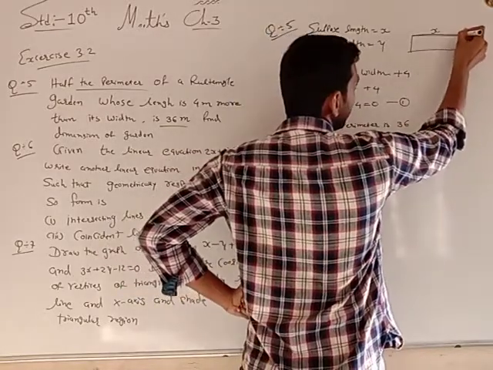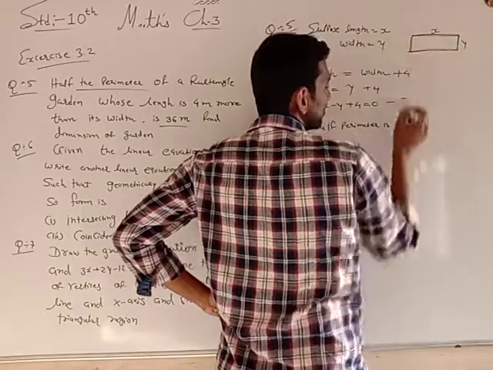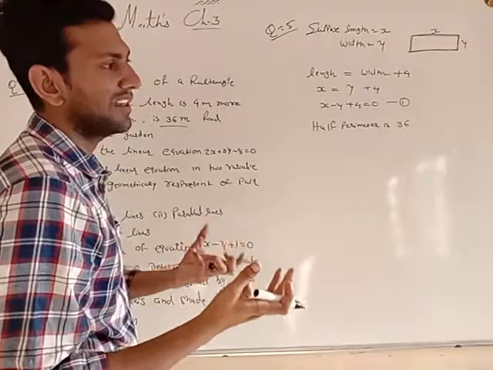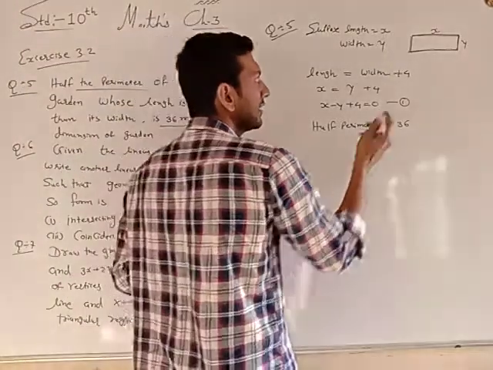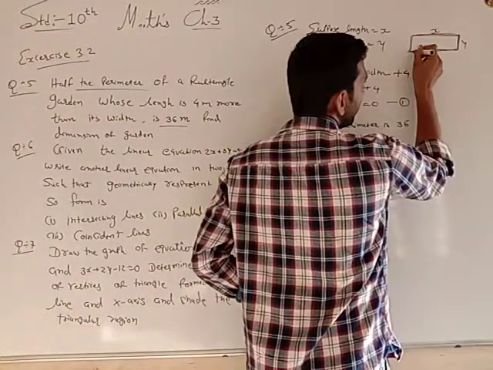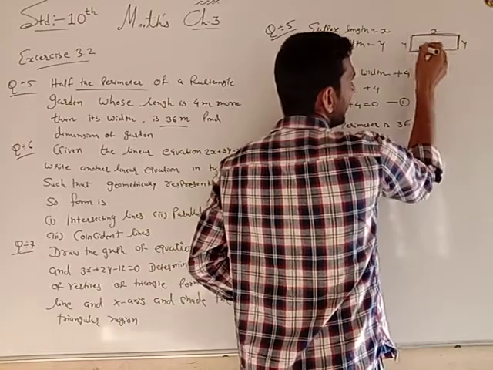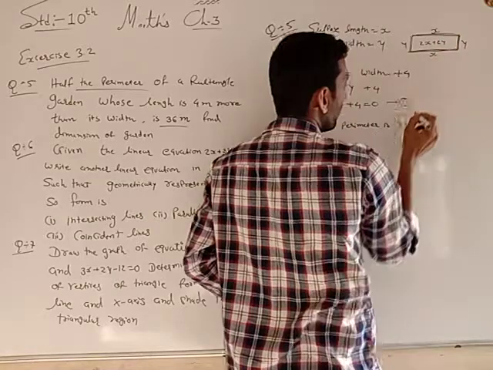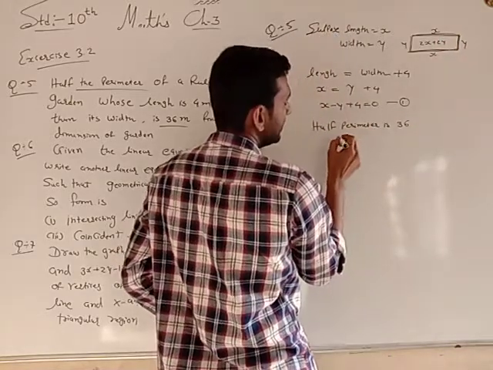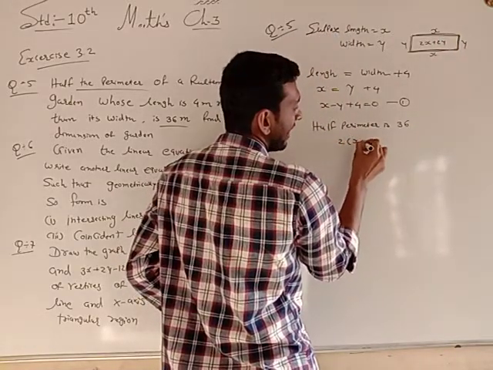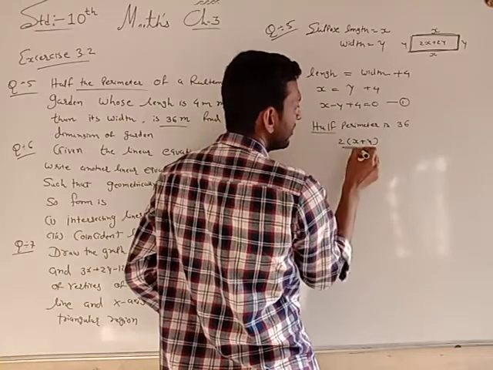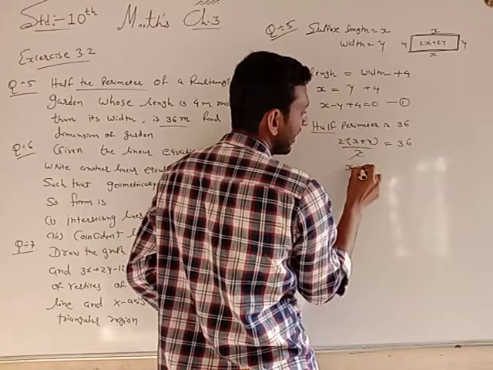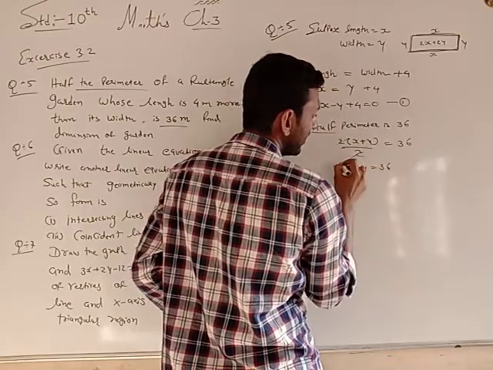Perimeter is the sum of the lengths of all sides. So x plus y plus x plus y. The perimeter is 2x plus 2y. Take 2 as common. So perimeter is 2 bracket x plus y. But half means divide by 2, is 36. And the 2s are cancelled out. x plus y is equal to 36.